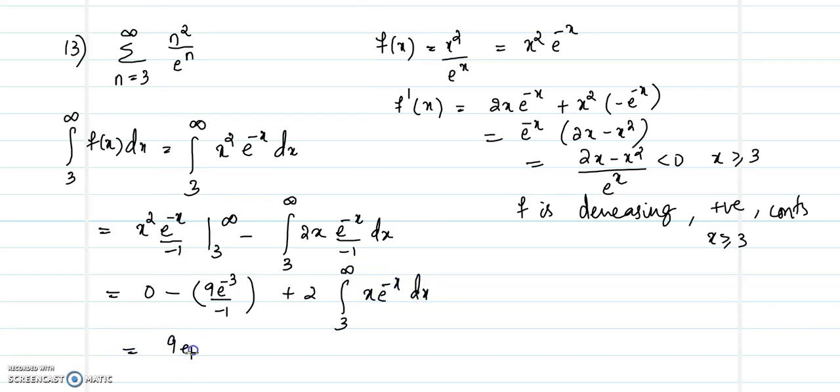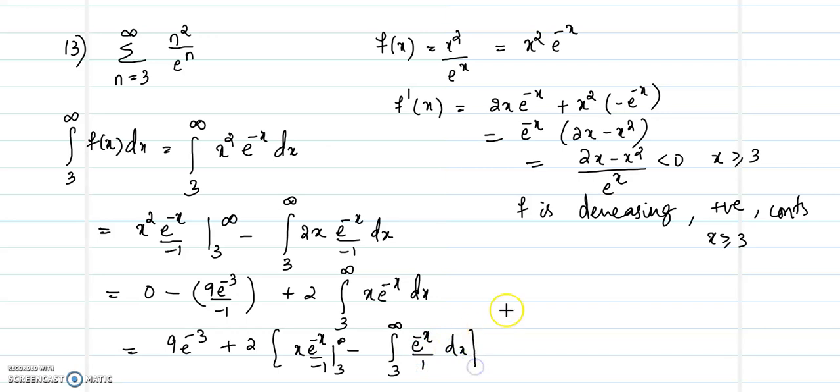So we'll get 9 e raised to minus 3 plus 2. Again, this integral has value. So first function is x. Integral of the second is e power minus x by minus 1, from 3 to infinity, minus integral of derivative of the first, which is 1, and integral of the second, e power minus x by minus 1, dx.